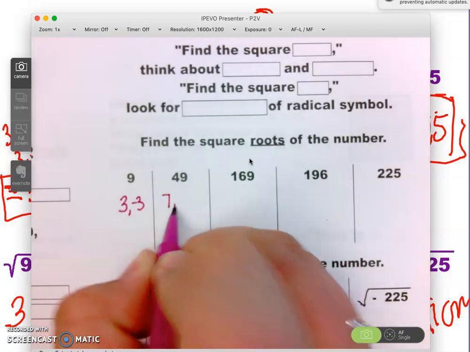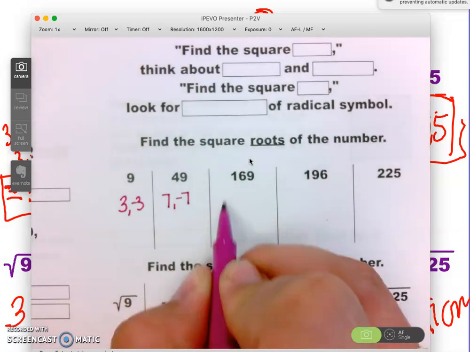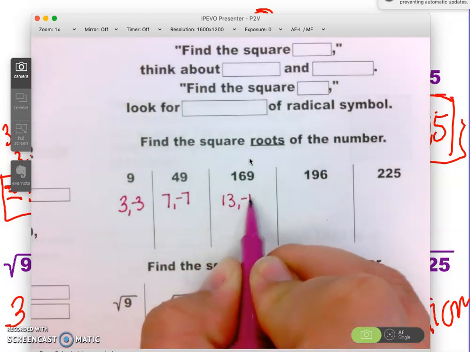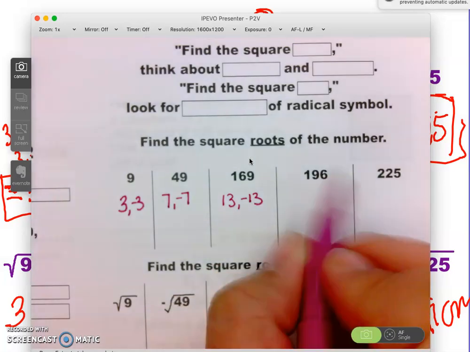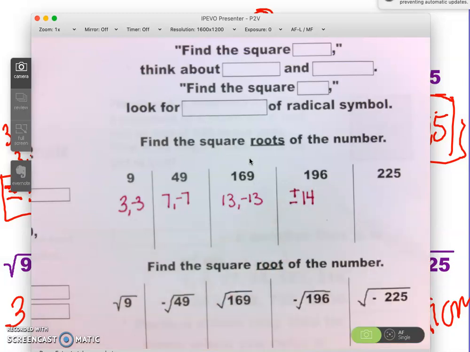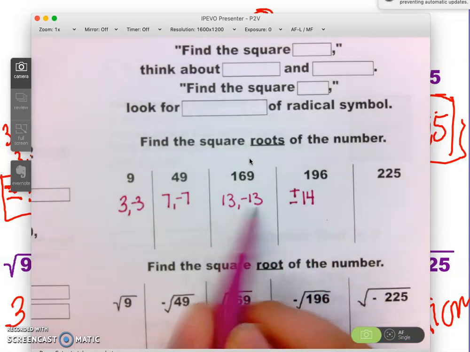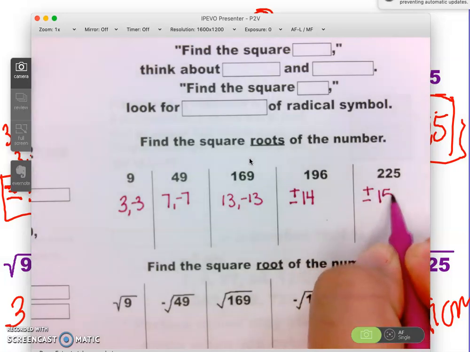So this would be 7, negative 7, 13, negative 13. Another way we can write this, 196 is both positive and negative 14. You might see it like this sometimes. This just means both positive and negative 15.